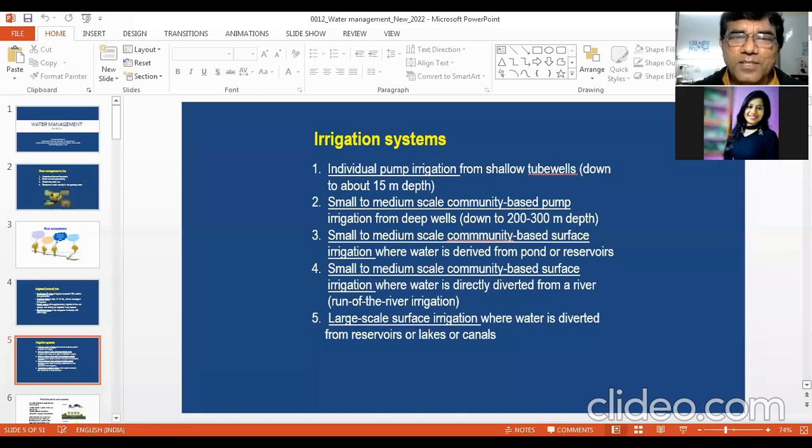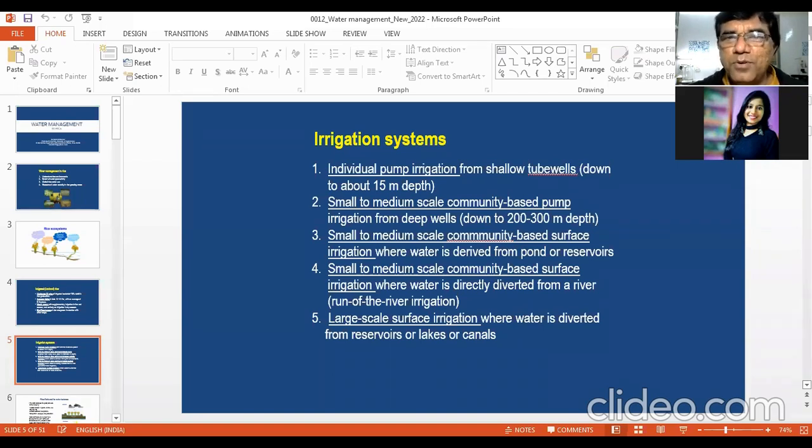In most cases, you can have individual pump irrigation from shallow tube wells. This is quite common in Punjab, Haryana, Western UP, Uttarakhand, some places, and Andhra Pradesh. So you have individual pump irrigation from shallow tube wells, normally down to about 15-meter depth.